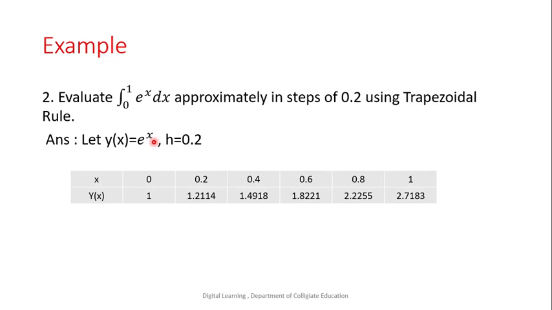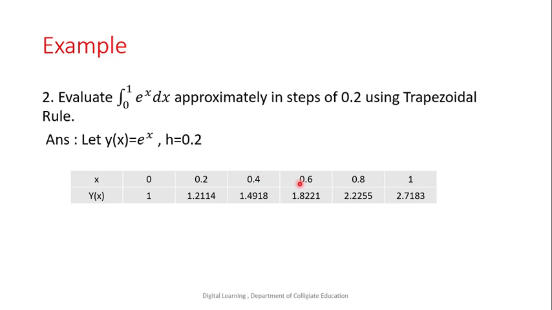Now we construct the table containing x values and y of x values. Here x starts from the initial value a, which is 0. This a added with h gives the x1 value. 0 plus 0.2 gives 0.2, that is x1. Then x2 is x1 plus h, 0.2 plus 0.2 gives 0.4.